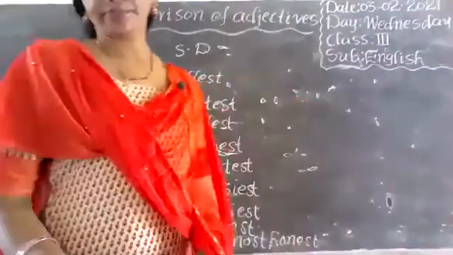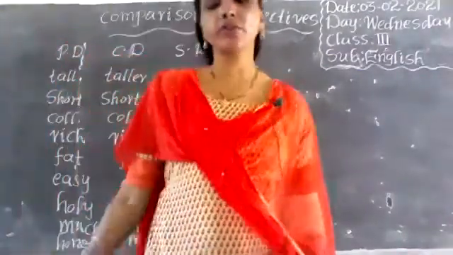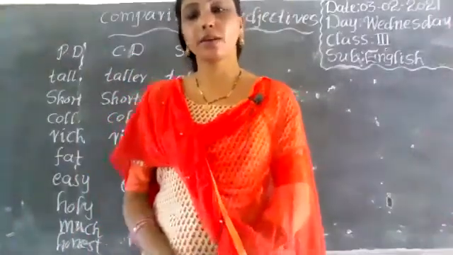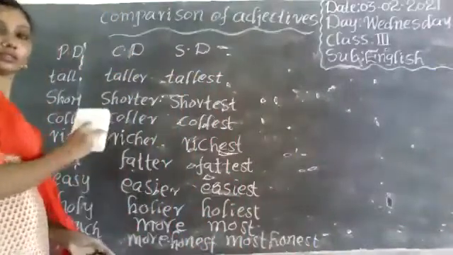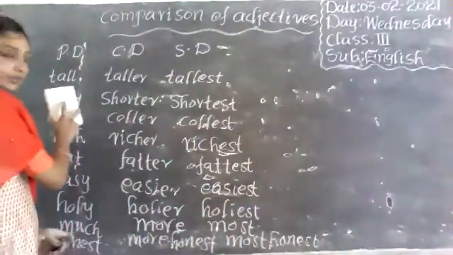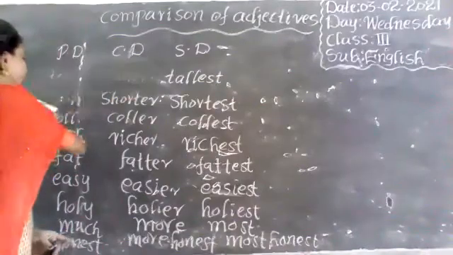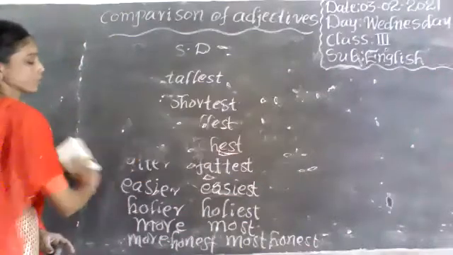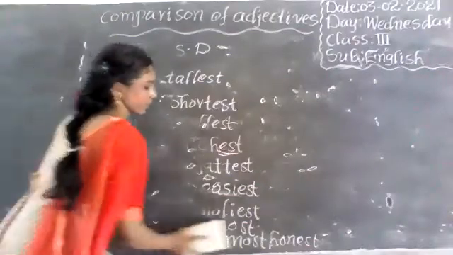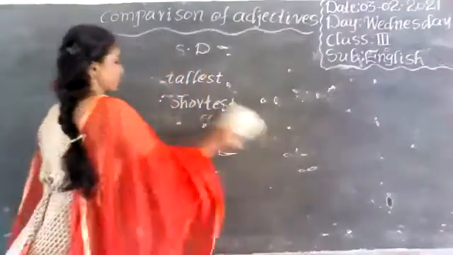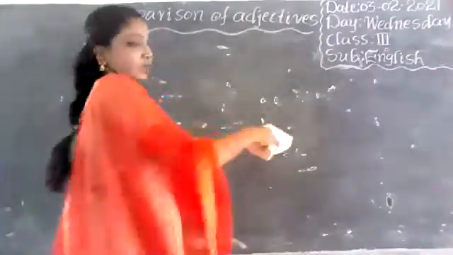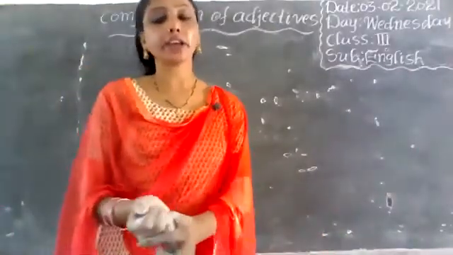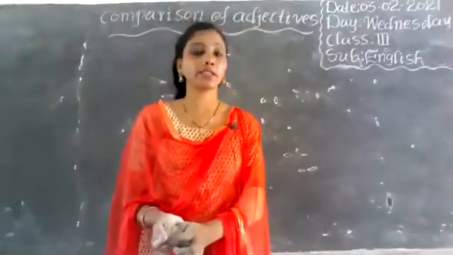Okay, right. Look at here once worksheet, workbook page number 43, bit number 8. Have you written all? Shall I erase? Yes, wait. Write the kind of degree of the adjective in the following sentences.